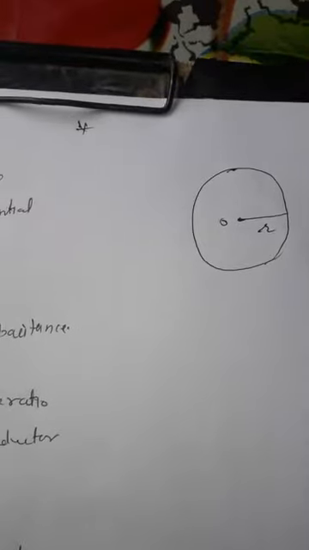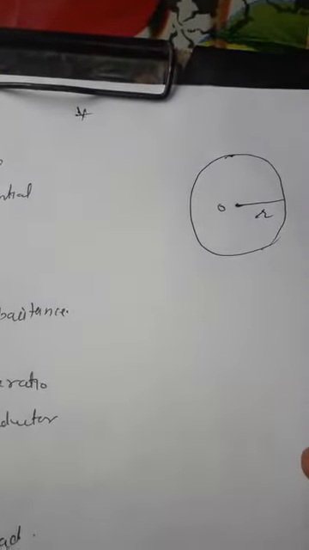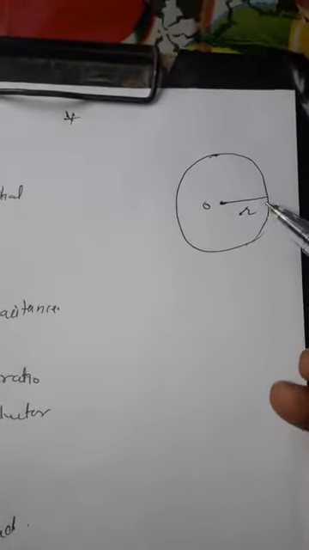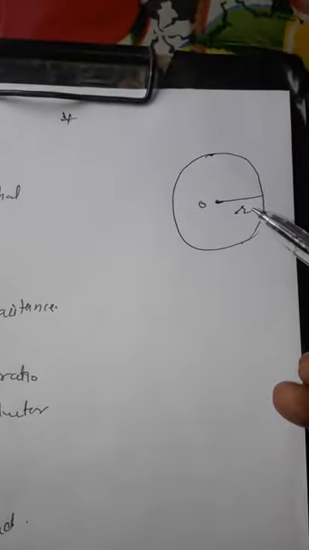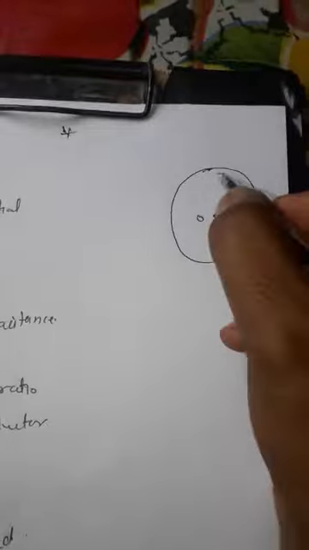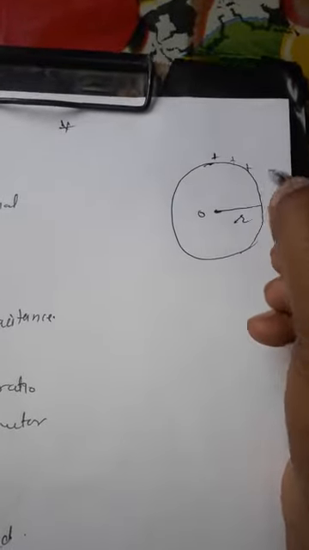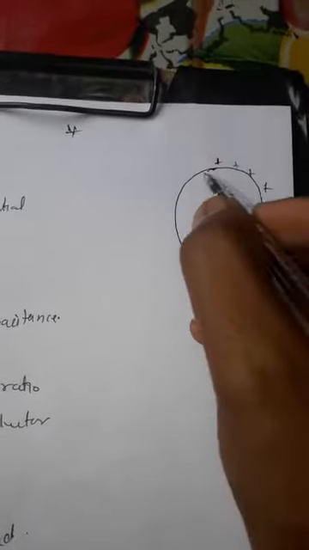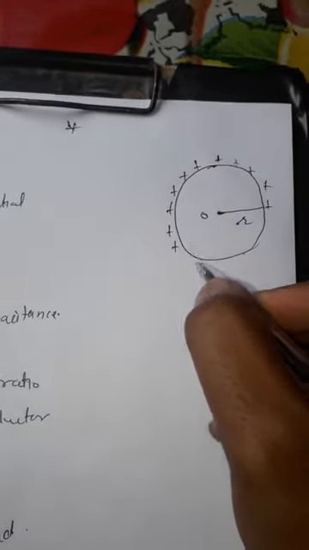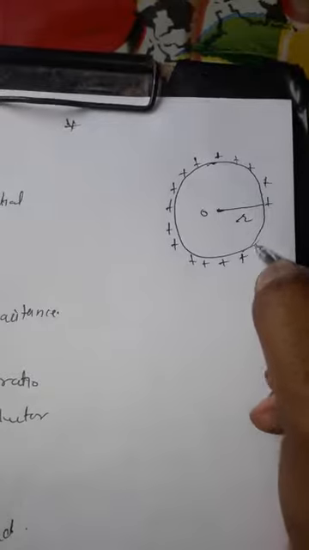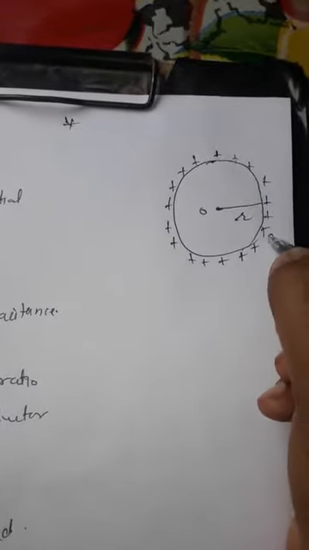Okay. Now, what is the ability of this spherical conductor? That is called the capacity or electrical capacity. Now, let a positive charge Q be distributed uniformly over the surface of this conductor.